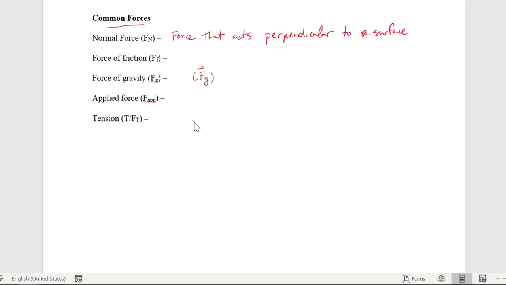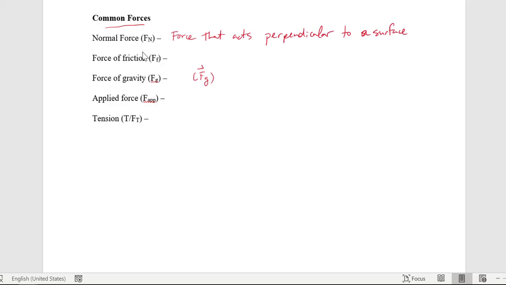So it's really the force that's keeping you up right now when you're sitting on your chair. It's your chair pushing up on you, holding you up, right? And very often that normal force balances out the force of gravity. All right, so we will talk more about the normal force as the lesson continues.